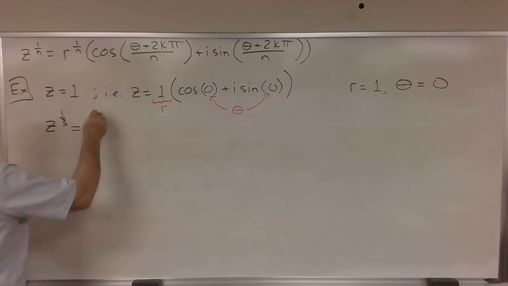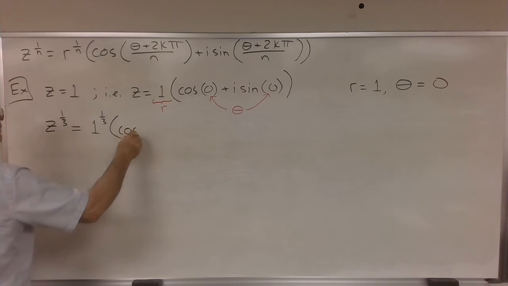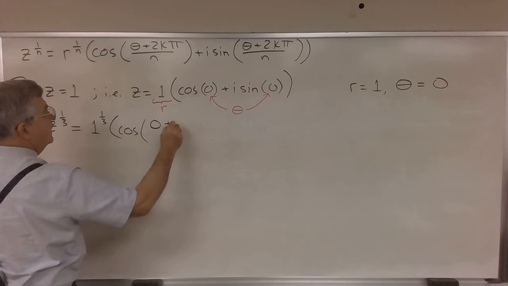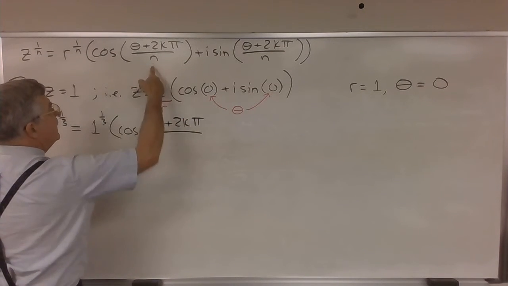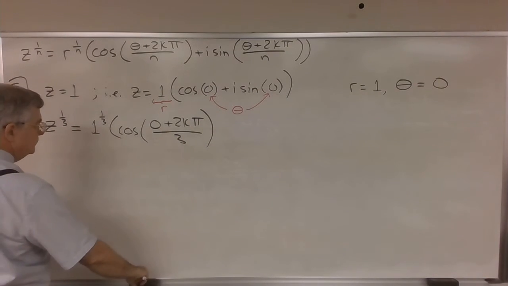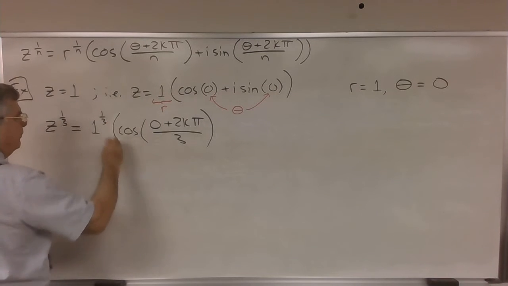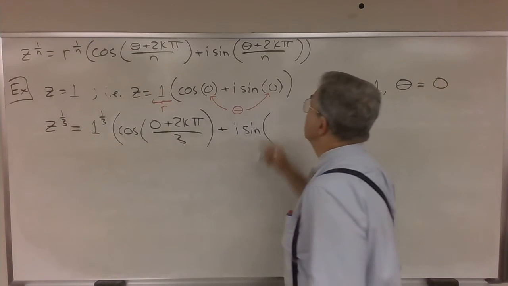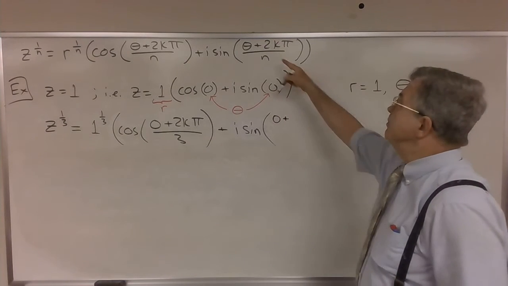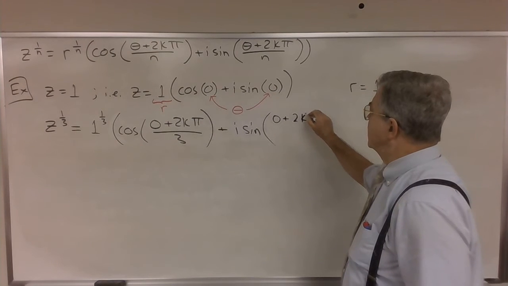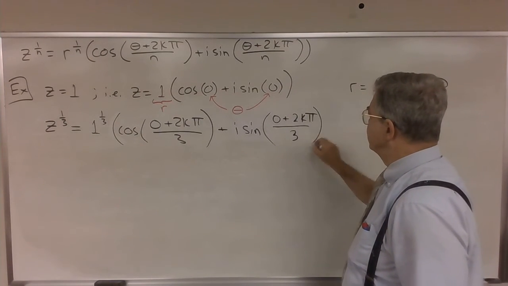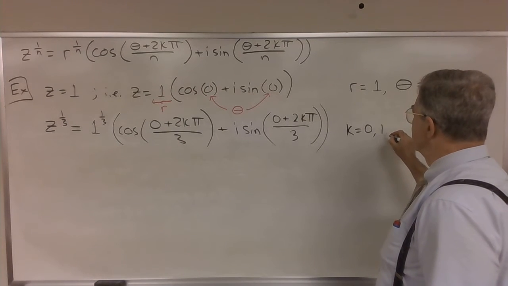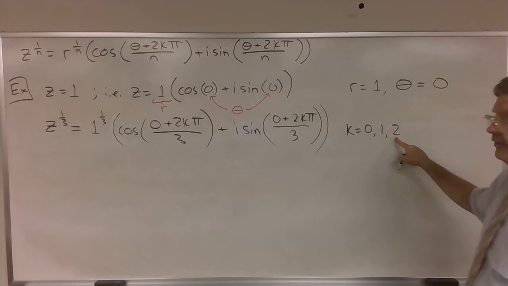So that's 1 to the 1/3 times the cosine of theta, which is 0, plus 2k pi over n, that's 3, plus I times the sine of theta, which is 0, plus 2k pi over n, which is 3, and k can be 0, 1, or 2, which is n minus 1 in this case.